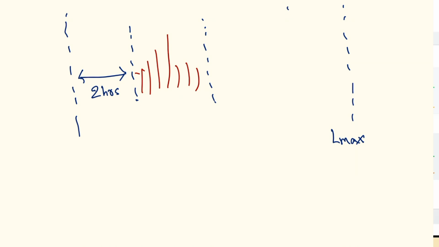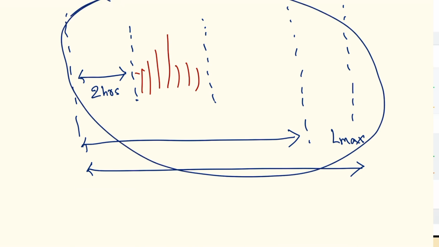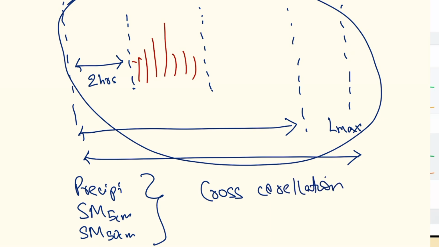For example, if the next event starts somewhere here and L max is greater, then we take this as the analysis window. Otherwise, we take this as the analysis window. By analysis window, we mean that we take this entire time series of precipitation, soil moisture at 5 centimeter and soil moisture at 50 centimeter to compute cross correlation or any other time series technique.